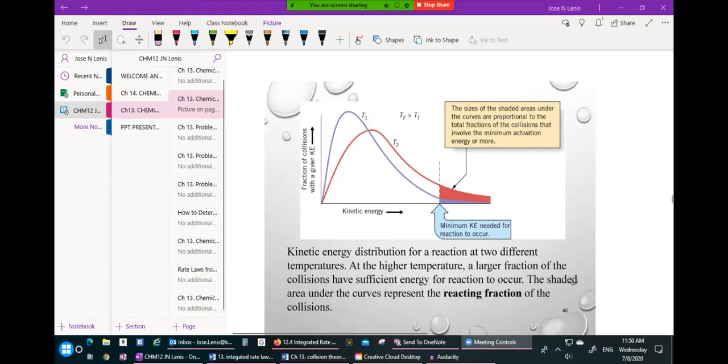And this graph shows the distribution of these particles with given energy. Notice that for the T1 curve, most of the particles will be under this curve here.